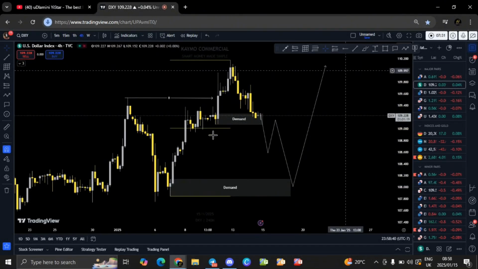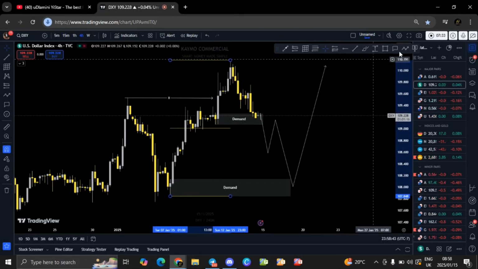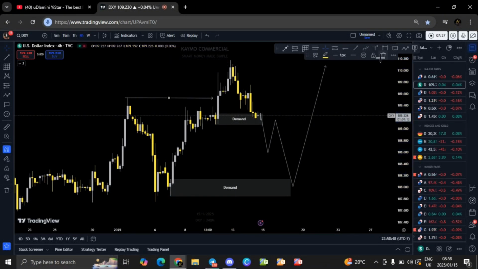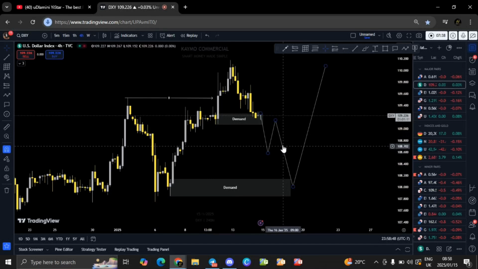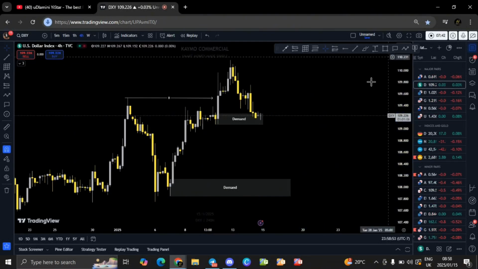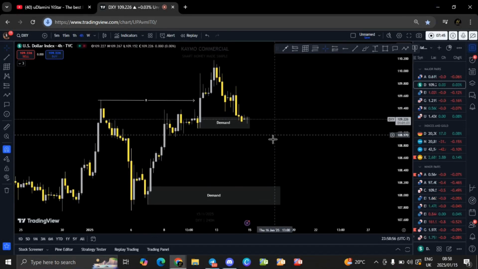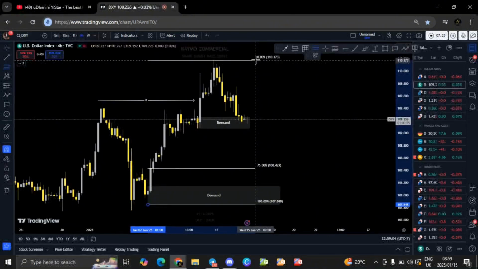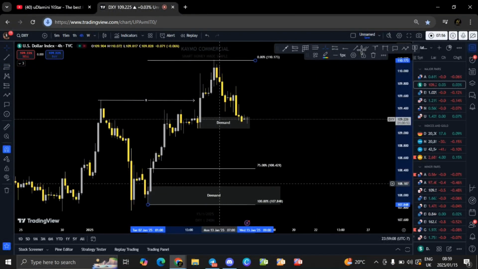Judging by how things are going, this pair might play around that zone, and I guess it's already buying, whereas we haven't yet got to a point whereby we are buying. If I put my Fibonacci tool from the previous low to the previous swing high, you can see we also have an imbalance that still needs to be filled at this zone.